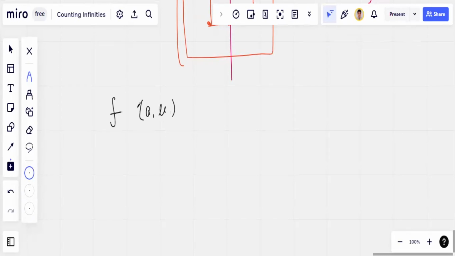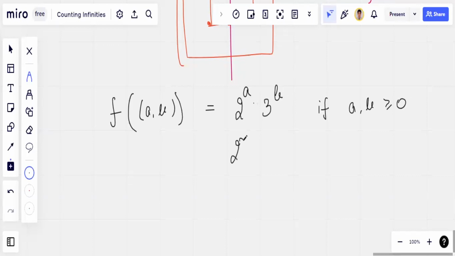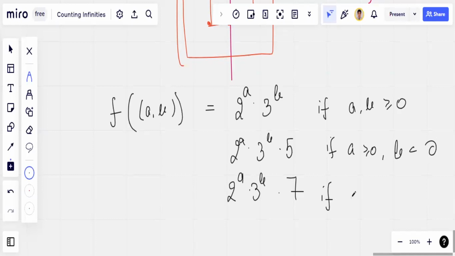So f of a comma b is equal to 2 to the power a times 3 to the power b if a comma b are positive. 2 to the power a times 3 to the power b times 5 if a is positive but b is negative, and 2 to the power a times 3 to the power b times 7 if b is positive but a is negative, and 2 to the power a times 3 to the power b times 5 times 7 if both are negative.